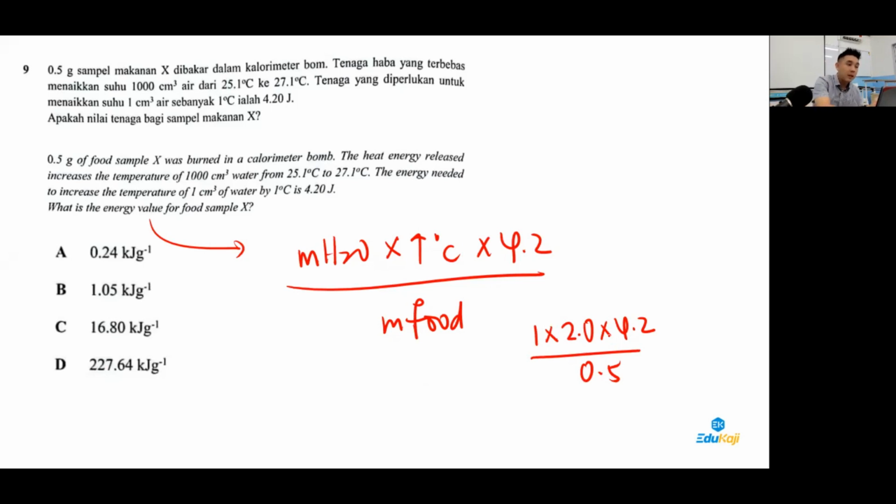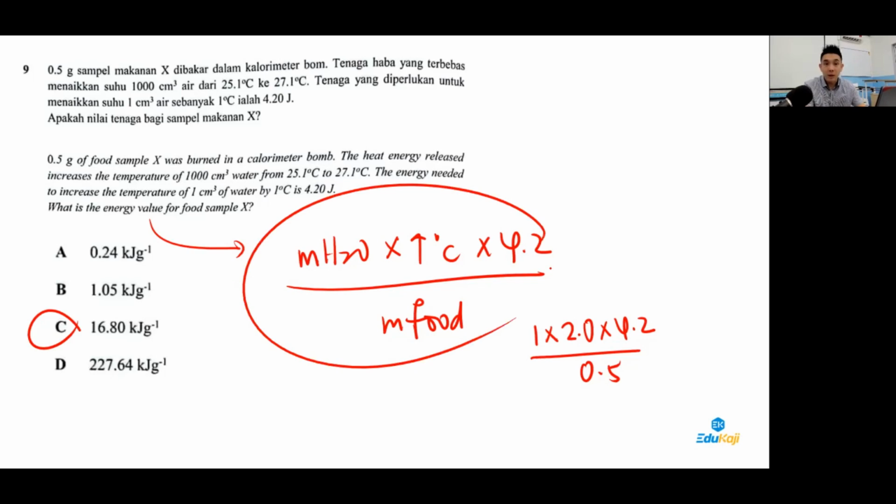You should get C, 16.8 kilojoule per gram. In the exam, they won't provide you this formula. You must make sure you memorize it. Number 9, C.